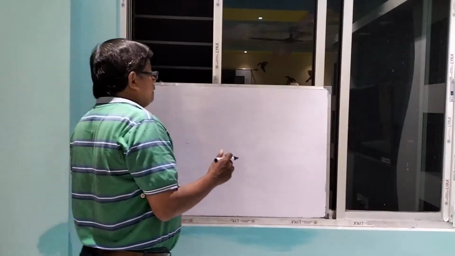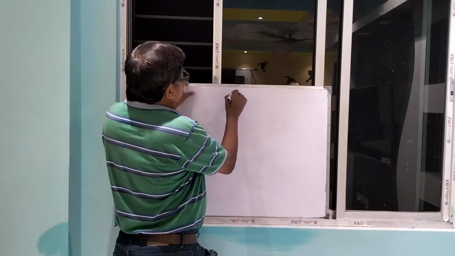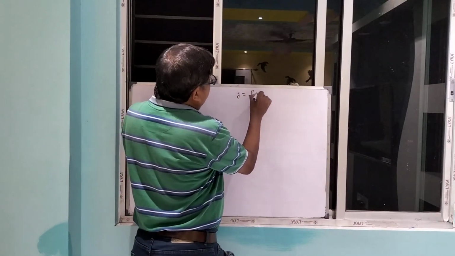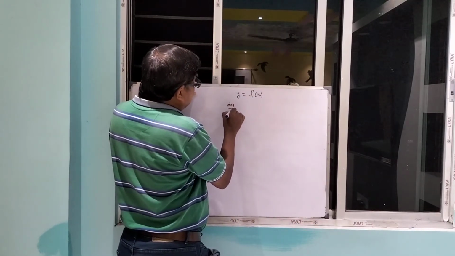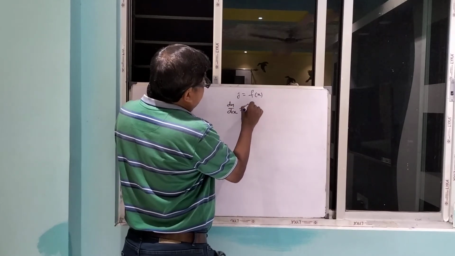Suppose y equal to f of x, so dy dx you have to write f dash x.